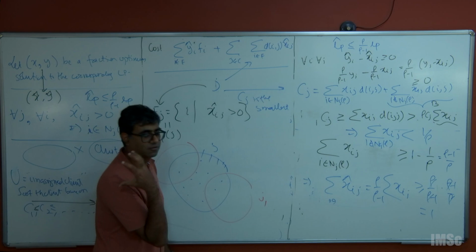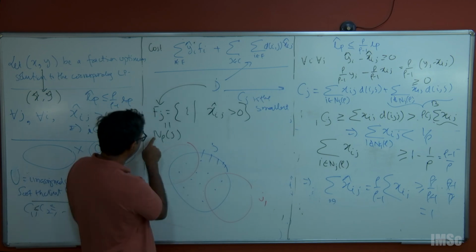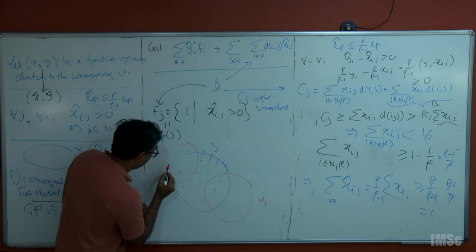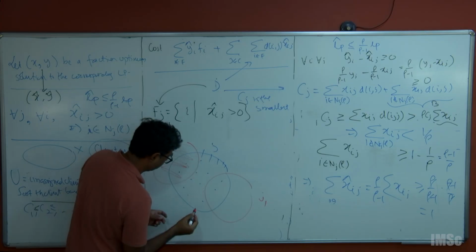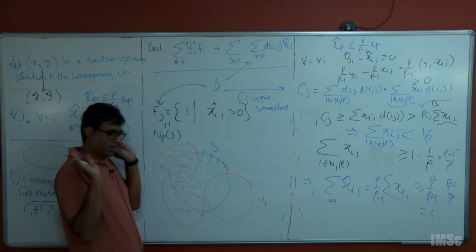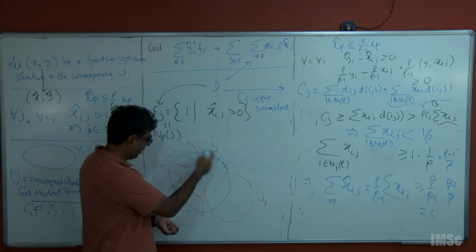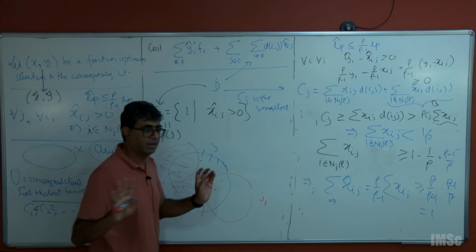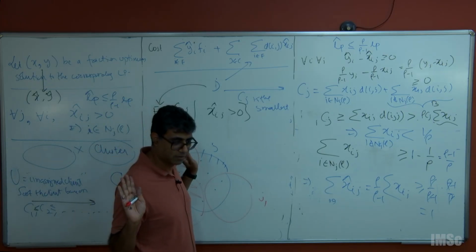Everybody has a happiness ball, and that happiness ball was this N rho j. If my happiness ball intersects with your happiness ball, I am fine. If you are able to assign one of these facilities, I will be very happy.